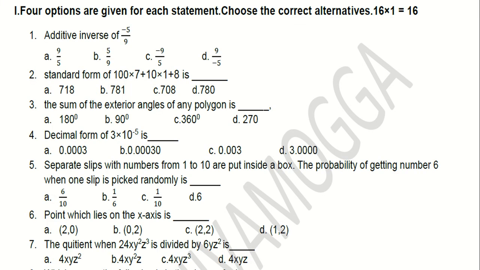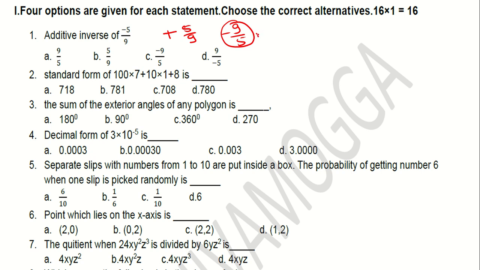Yes, students, the first question: four options are given for each statement, choose the correct alternative. The additive inverse of minus 5 by 9. When we write the additive inverse, we just change the symbol of the number. So minus 5 by 9 you write as plus 5 by 9. If they ask for the multiplicative inverse, you have to invert this, 9 by 5, and write the same symbol.